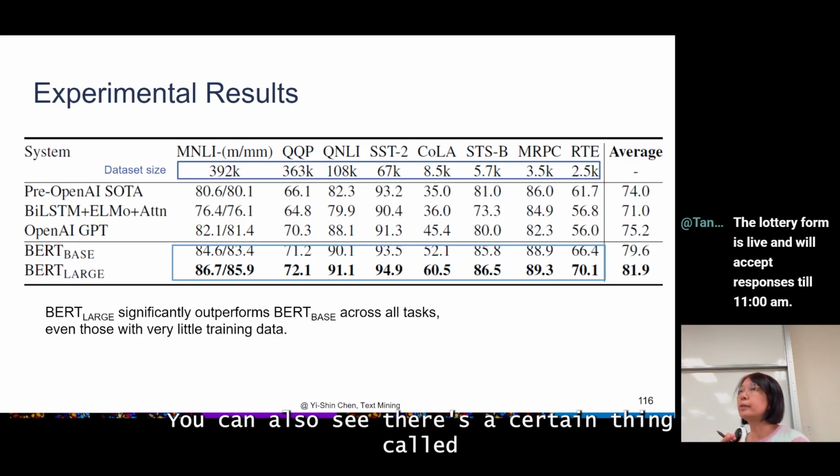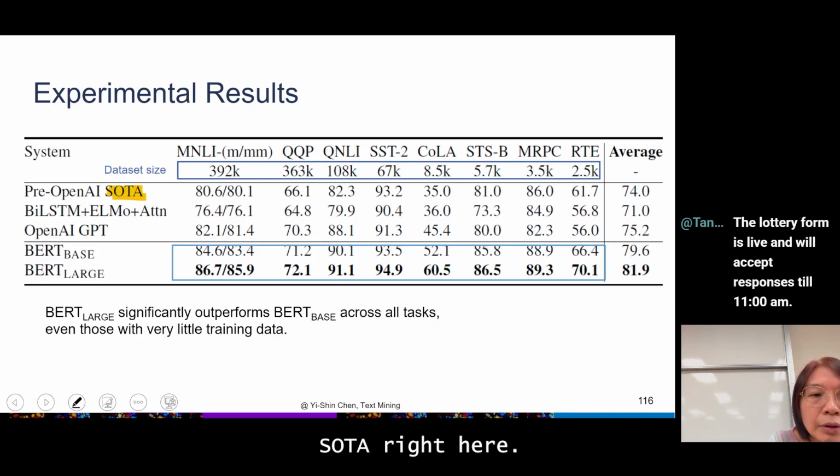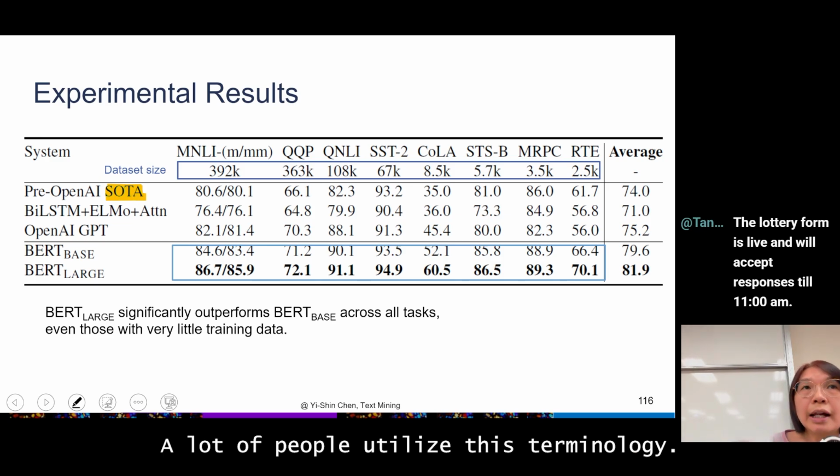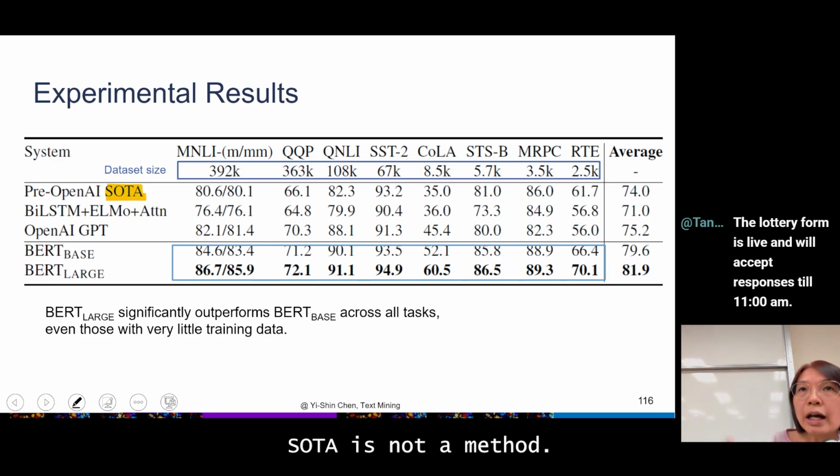Okay, you can also see there's a certain thing called SOTA right here. Right now, a lot of people use this terminology. SOTA is not a method. SOTA is so many different methods. SOTA means state of the art.